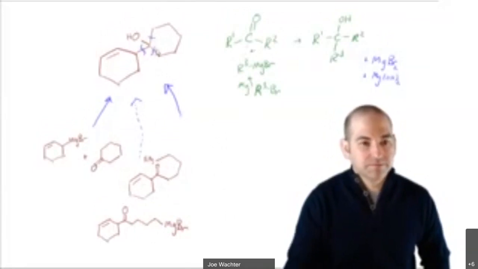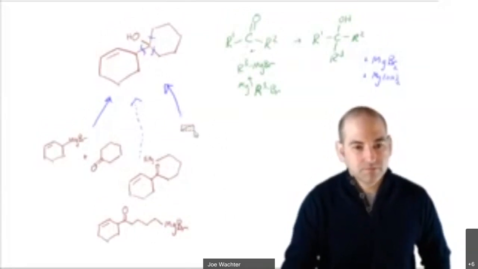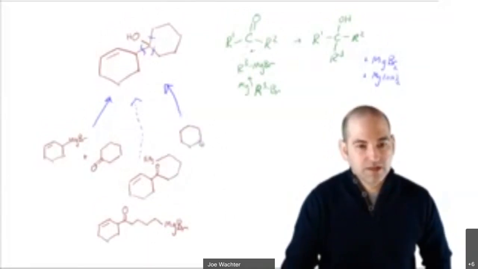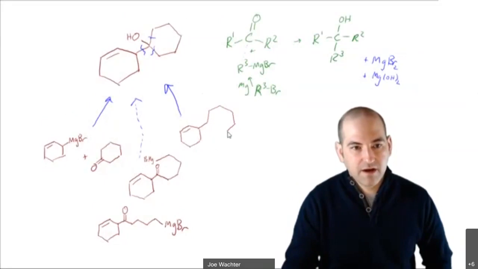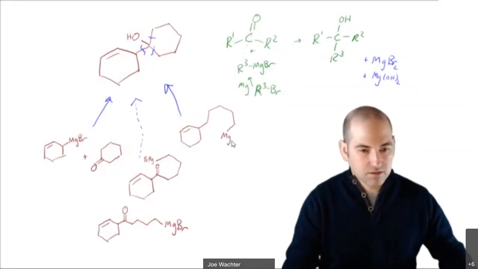And the third one, down here, same idea. So we're breaking that bond there. The Grignard was, whoops, not here. Hold on. I did this wrong.